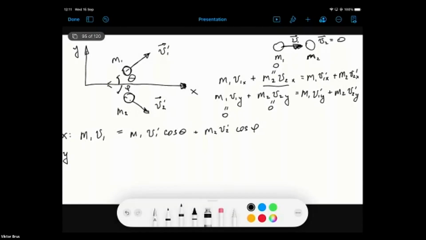Now for axis y, we can write the following. Here we see both terms on the left side are equal to 0. So we can write 0 is equal to, first, our body M1, M1 times V1 prime, and we consider the component which is the projection on axis y, so we need to multiply it by sine theta.